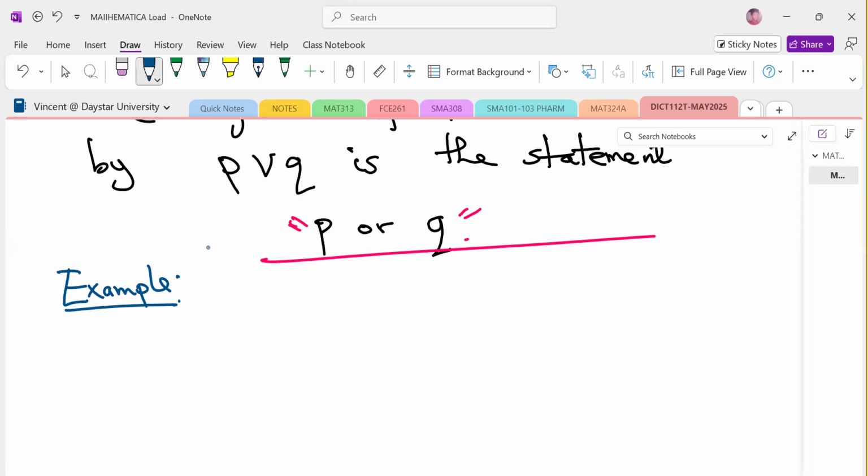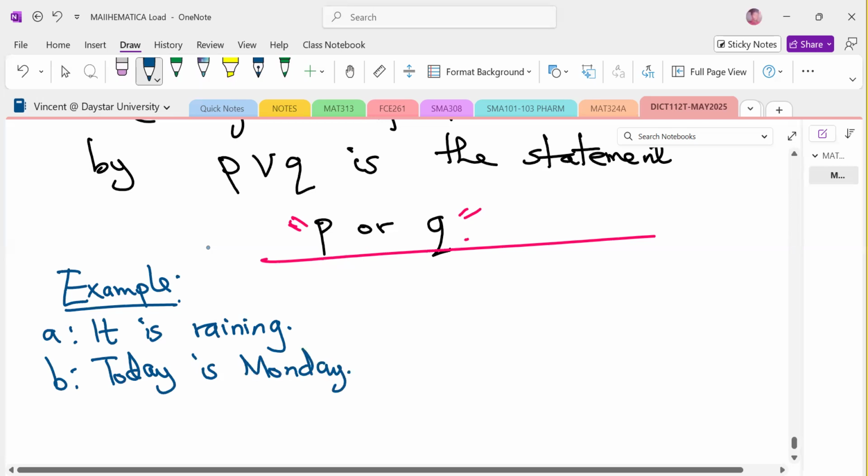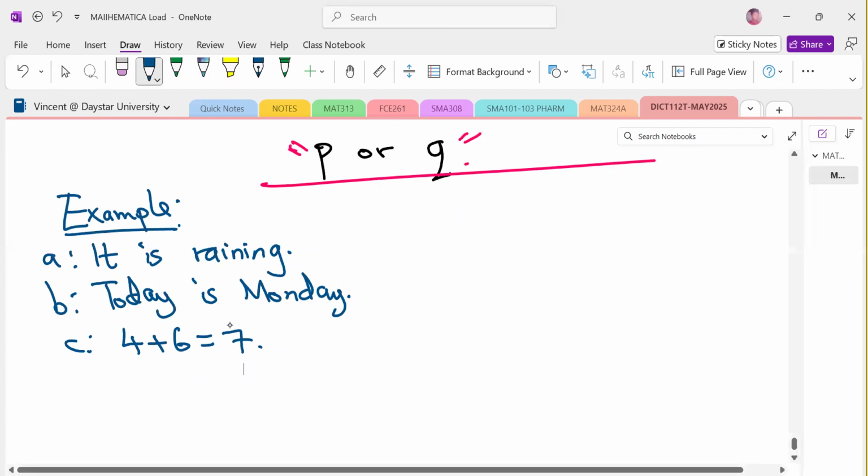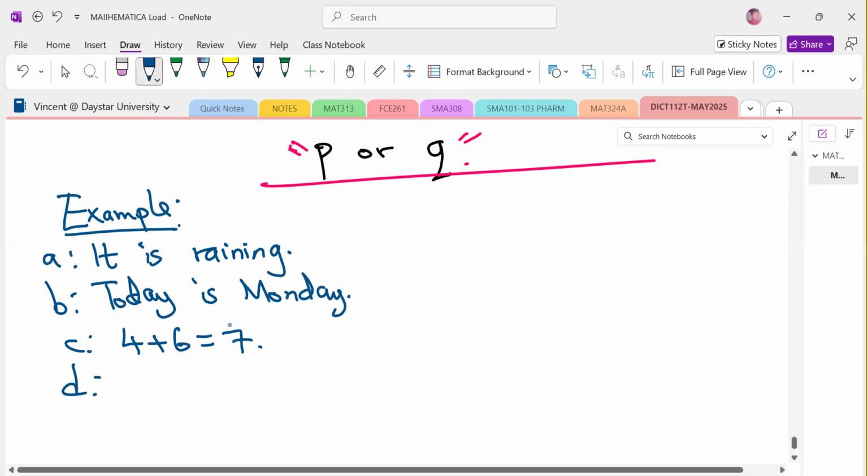So if I have A, the statement, it is raining. B, the statement, today is Monday. C, the statement, 4 plus 6 is 7. D, the statement, Eric is right-handed.